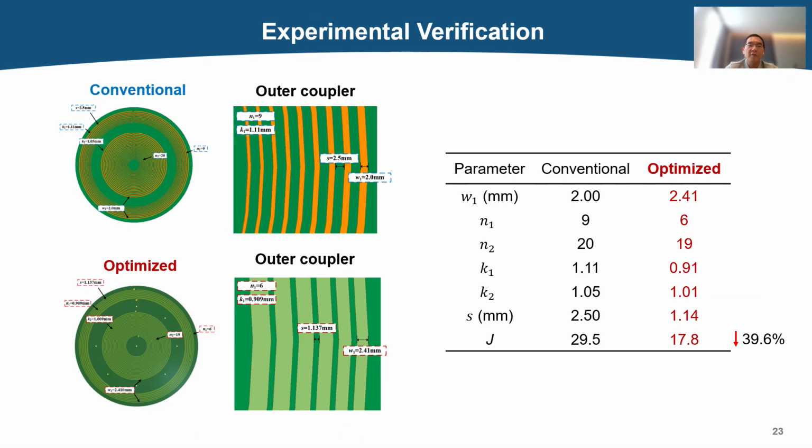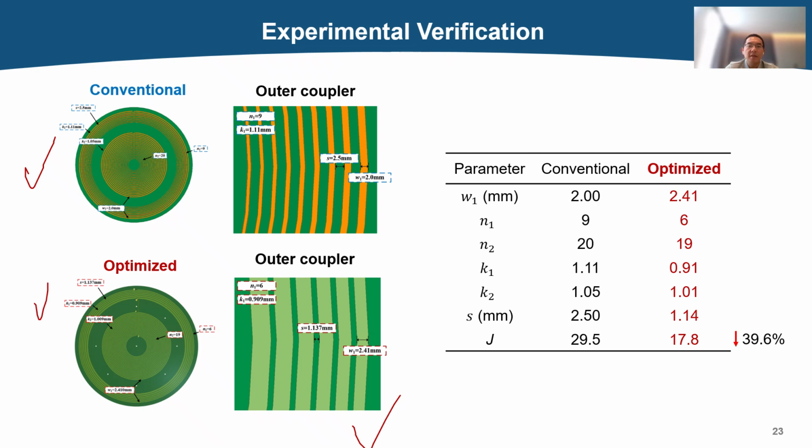Here are the experimental verification results. This diagram highlights the differences between the optimized CPT coupler and the conventional design. As shown, the outer coupler in the optimized version has a different number of terms, and the trace widths increase progressively from the outer edge to the inner side.